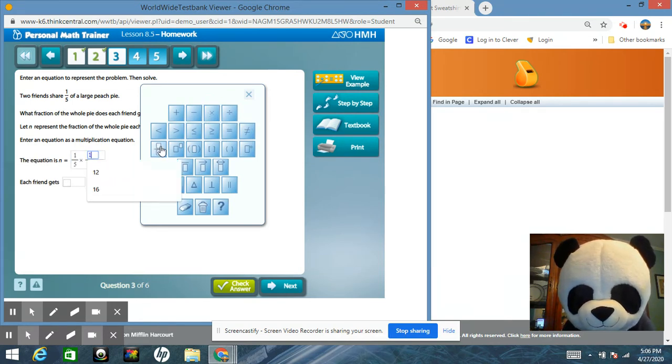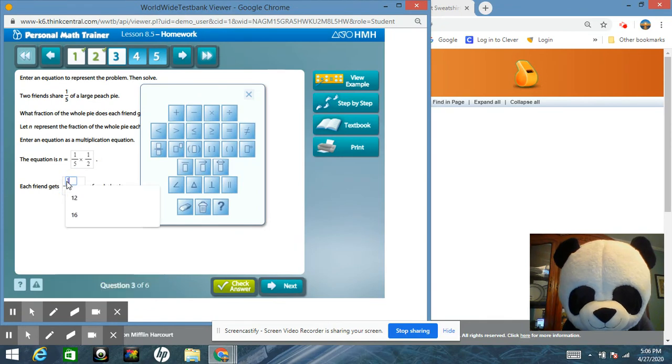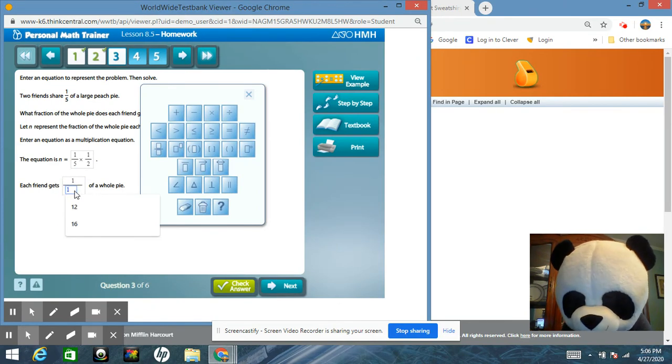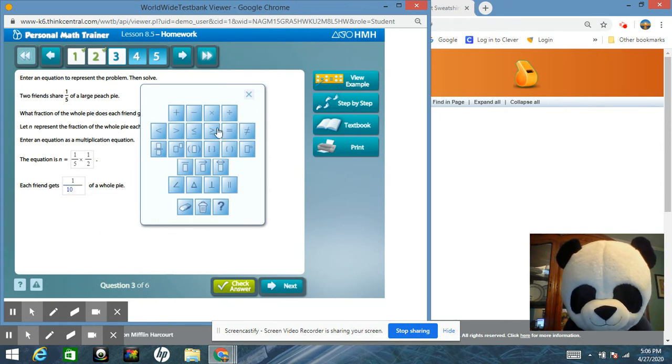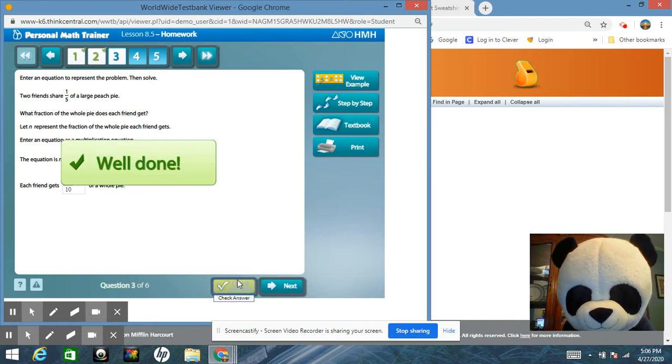And the other fraction was 1 over 2 after I flipped that. Then I could put my answer down here. And my answer, as you remember, because pandas are so smart, was 1/10. Whoa, look at that. 3 for 3.